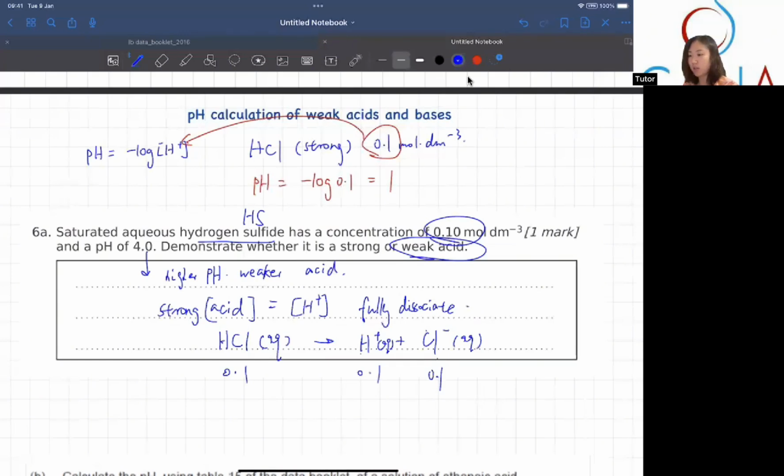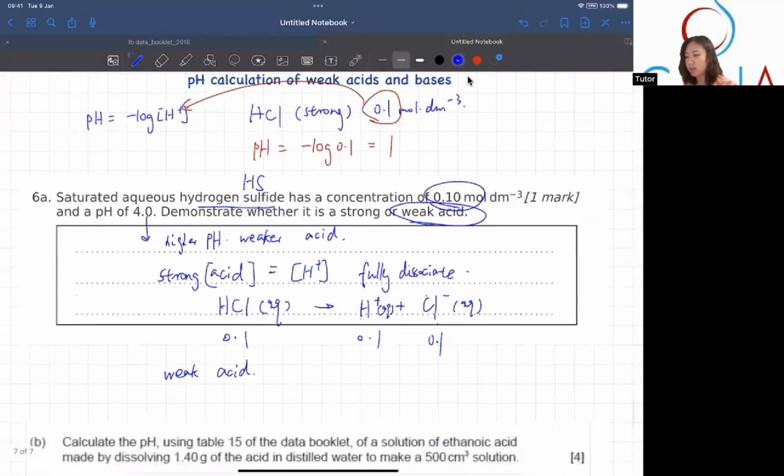However, that's not the case for a weak acid. Many students do not really understand what is meant by partially dissociate. Let's try ethanoic acid, this is classic. Since it partially dissociates, there will be an equilibrium established between the dissociation of the weak acid. So we've got CH3COO- as this ion, and also our H+.